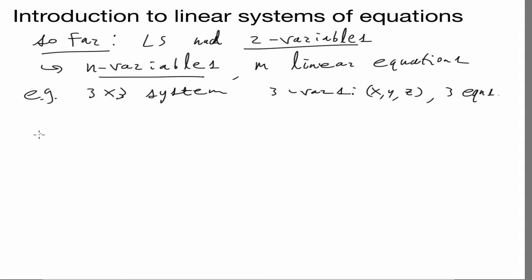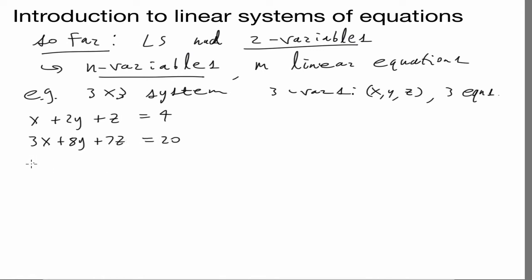Okay, so let's write down an example linear system of three equations and three unknowns. Okay, so here's such an example. We can write out x plus 2y plus z is equal to 4. We can also write out 3x, so that's the first linear equation, plus 8y plus 7z is equal to 20.